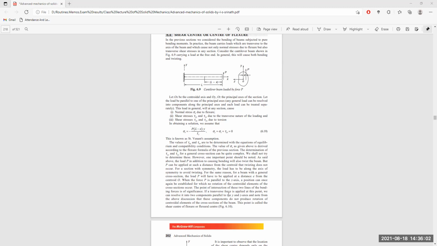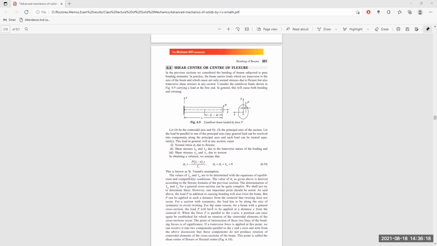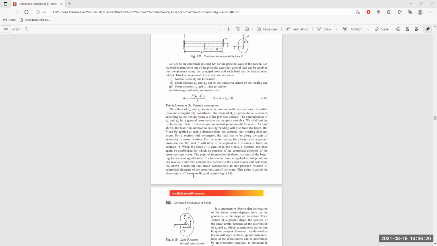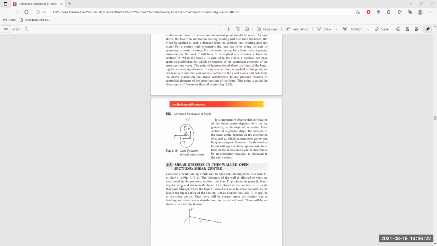This transverse force is applied at this point. We can resolve it into two components parallel to the y-axis and z-axis, and they do not produce rotation of the central elements in the cross section. This point is defined as the shear center of flexure or flexural center. See, center of flexure, shear center of flexure or flexural center itself.